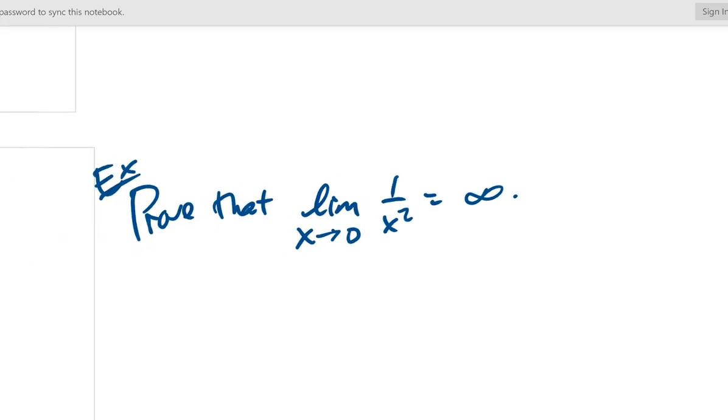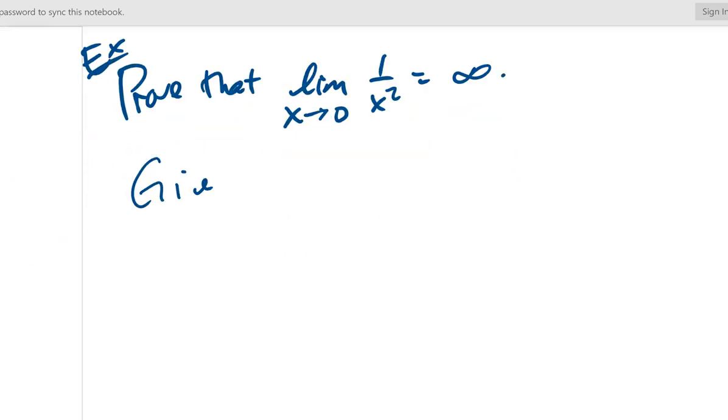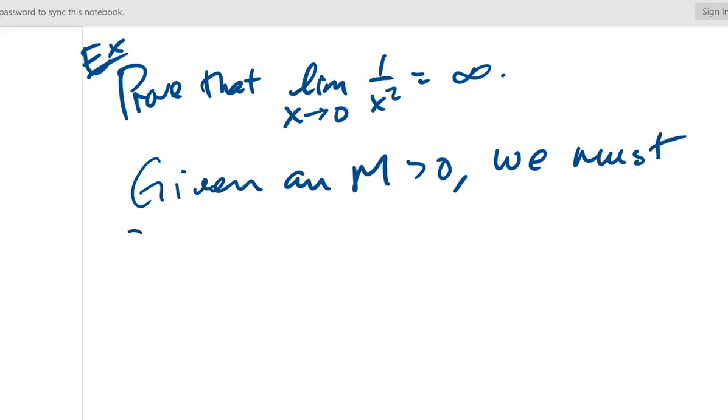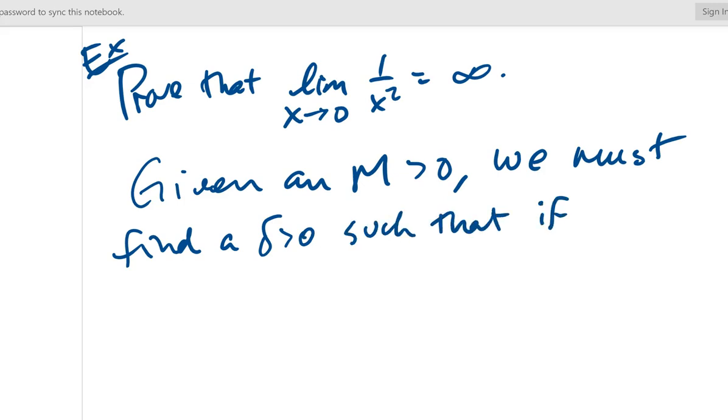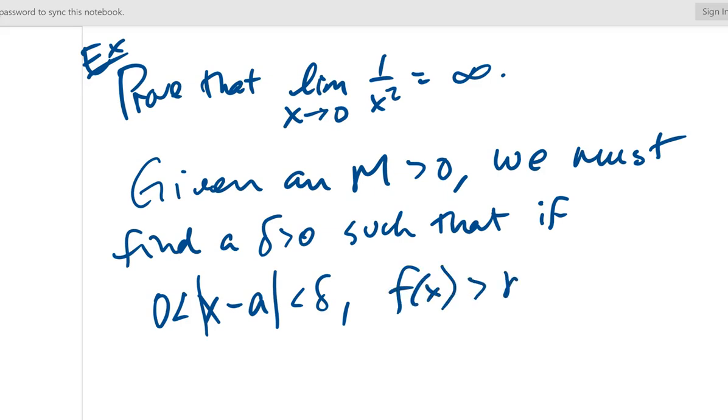So given m greater than 0, we must find a delta greater than 0 such that if 0 is less than |x minus a| is less than delta, f of x is greater than m.